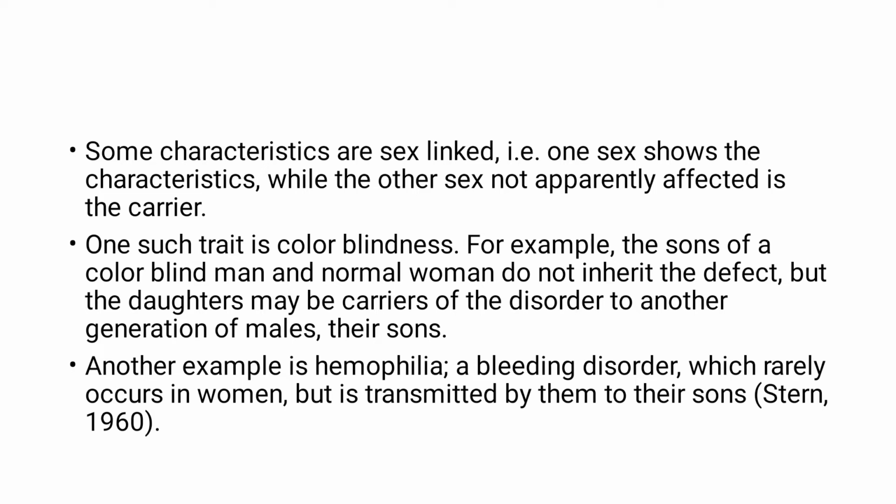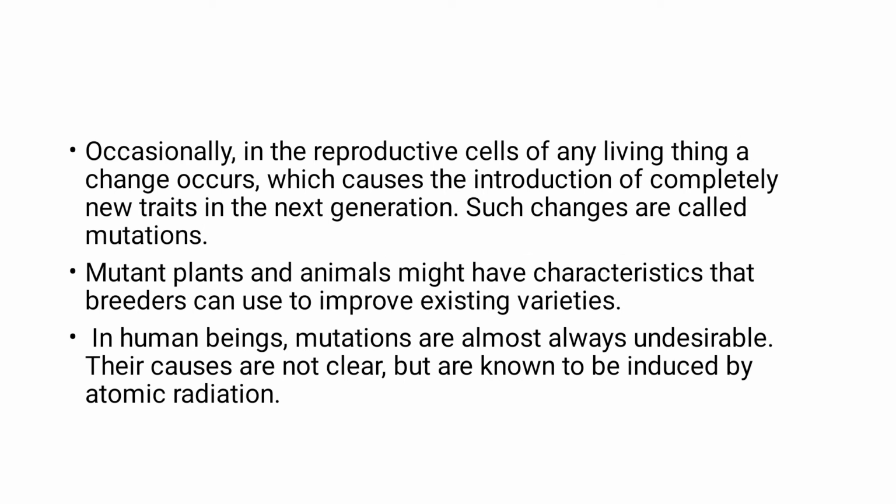Another example is hemophilia, a bleeding disorder which rarely occurs in women, but it is transmitted by them to their sons. So the sex-linked thing is responsible for all these changes.